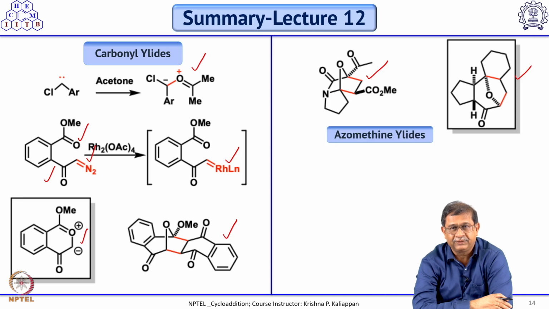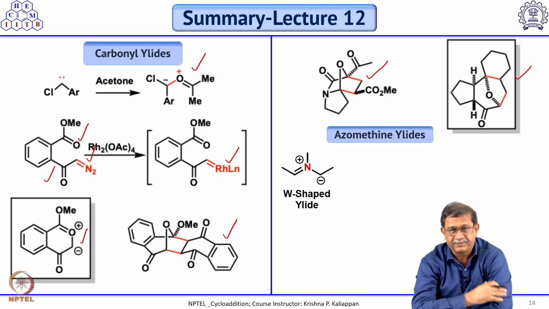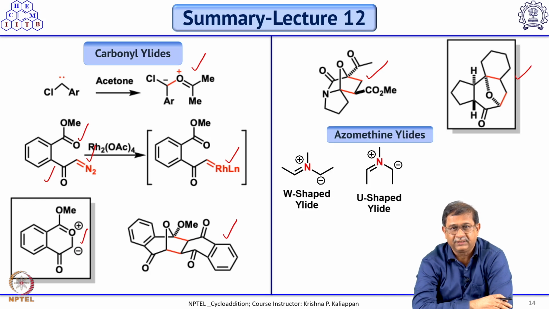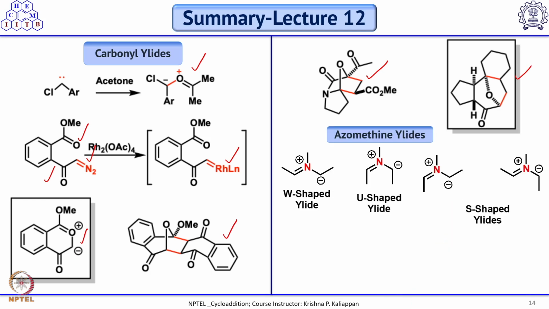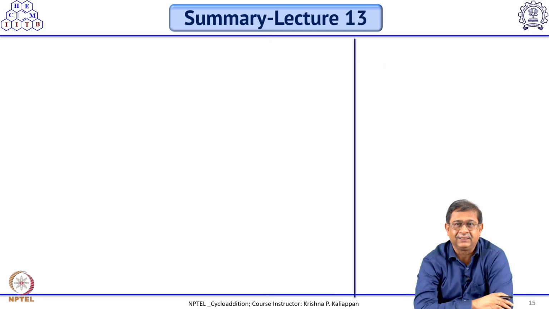Then we also touched upon azomethine ylides. So azomethine ylides are of 4 types. One is W shaped and the second one is U shaped, and the third and fourth one are S shaped ylides, and how these azomethine ylides are successfully used in 1,3-dipolar cycloaddition. That is what we discussed in lecture 12.